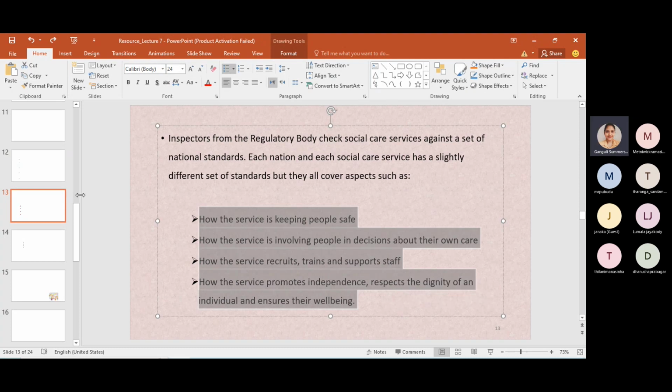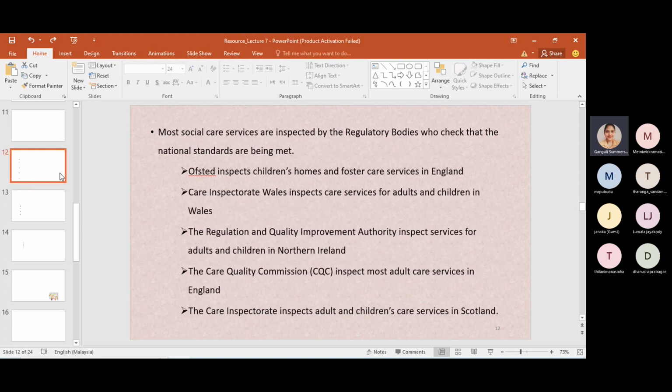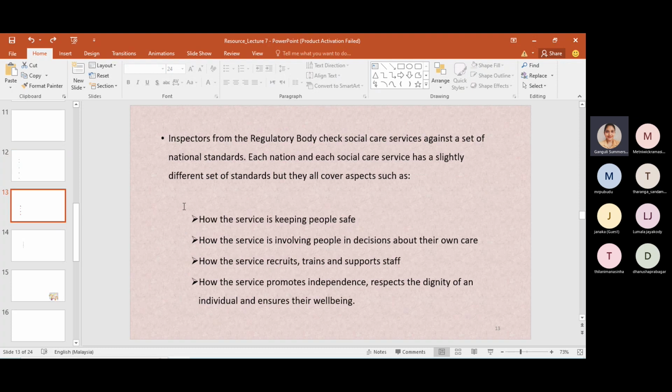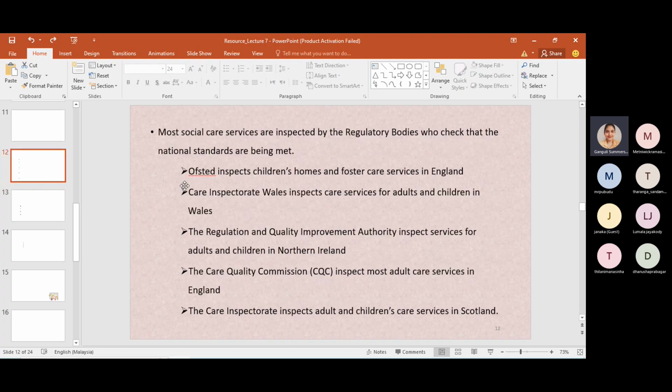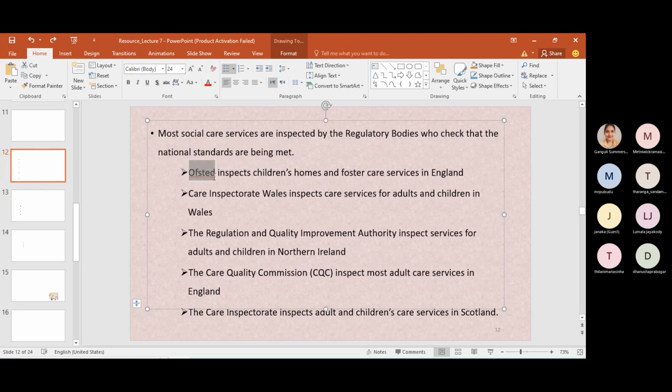Okay, so in the process of regulation, these regulatory bodies. We discussed certain regulatory bodies over here, right? Ofsted, Care Inspectorate Wales, the Regulation and Quality Improvement Authority, and CQC, Care Quality Commission, and the Care Inspectorate.